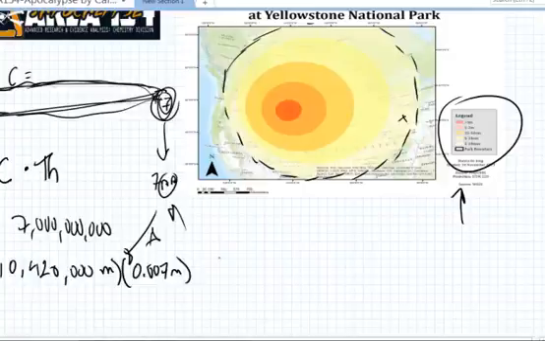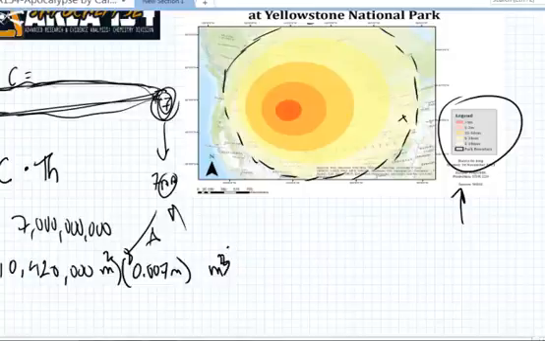Now I'm going to crank up the calculator, and we're going to do 10,420,000. That's a lot. And then we're going to multiply that against 0.007. Because this is an area unit, that's going to be squared, and then a meter squared times another meter is meters cubed.